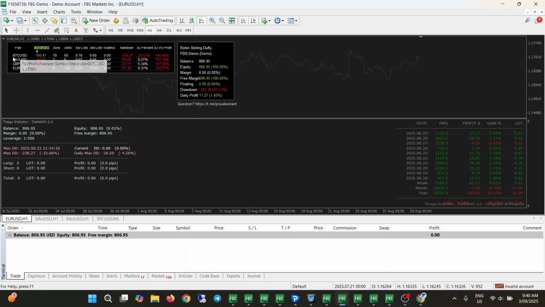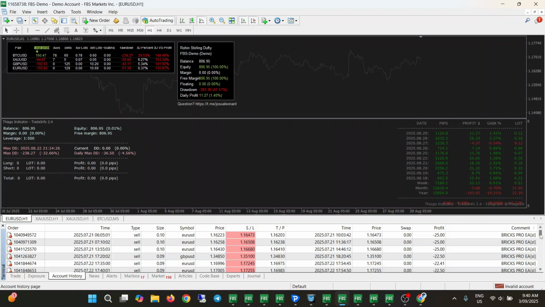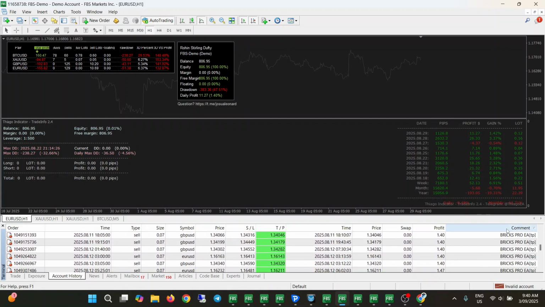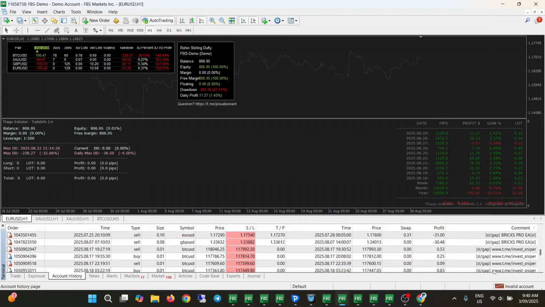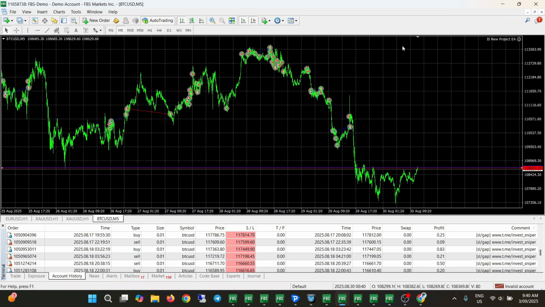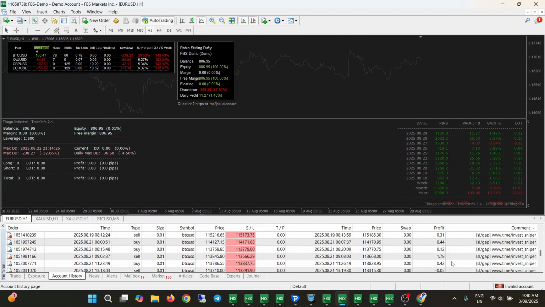FBS was trading BTC on here because you do get good leverage, and we can see that it's done pretty well. However, I didn't have it trading the whole time. It was only the last little bits. These are all experts that were trading, but I decided to remove them and use this Invest Sniper, which is a new project EA, and it makes little bits of money.